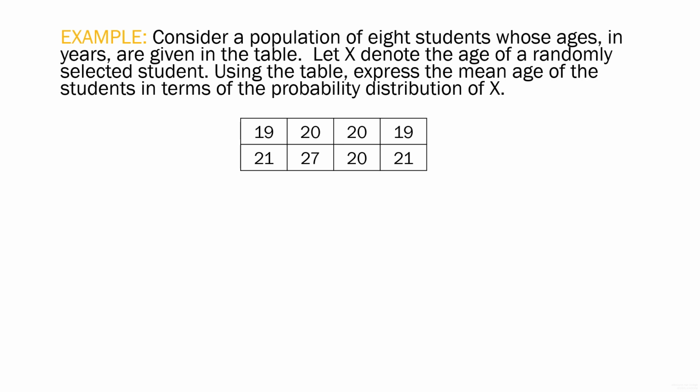So let's do an example. Consider a population of 8 students whose ages and years are given in the table I'm showing here. Let X denote the age of a randomly selected student, and using the table, express the mean age of the students in terms of the probability distribution. All right, so what are we going to do here first?